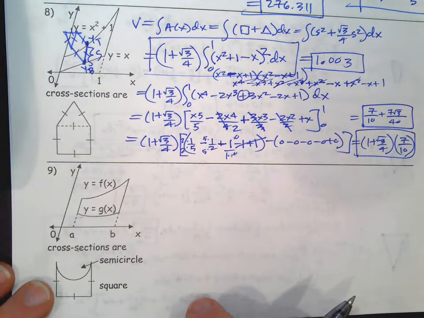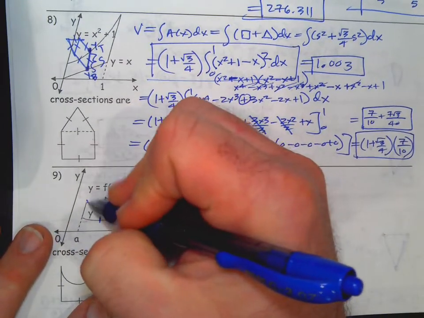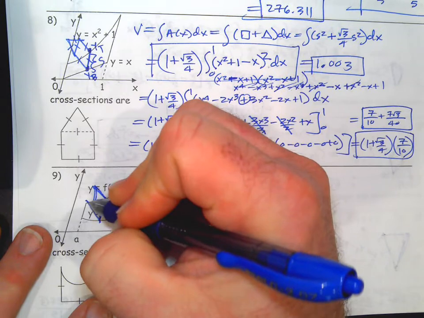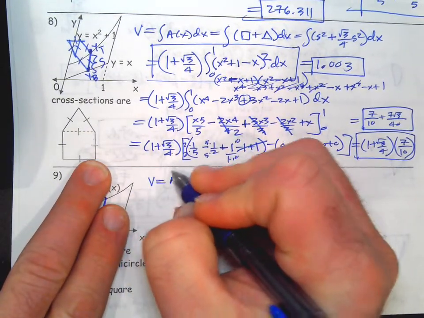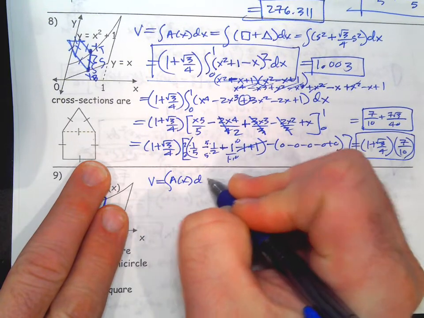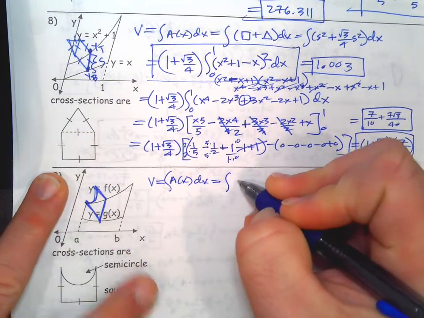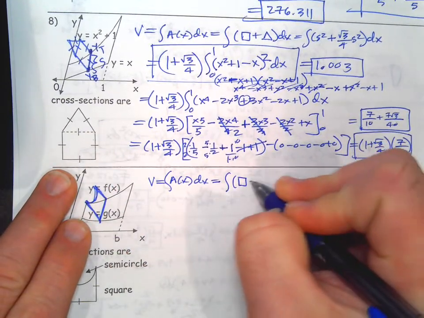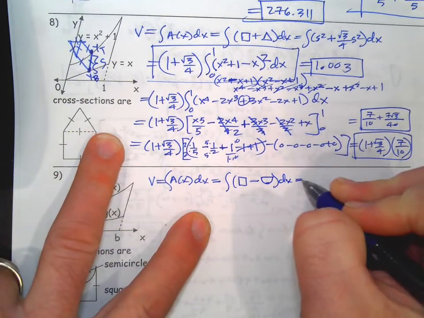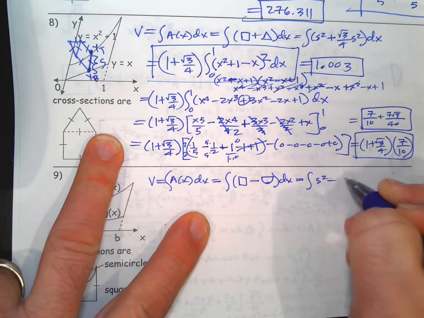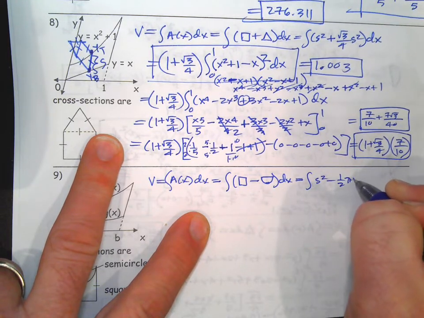Okay, last one. We don't actually have real functions, but we're going to take it as far as we can. So the volume is going to be some area in terms of x dx. It's going to be a square minus half of a circle. So it's going to be side squared minus 1/2 pi r squared.